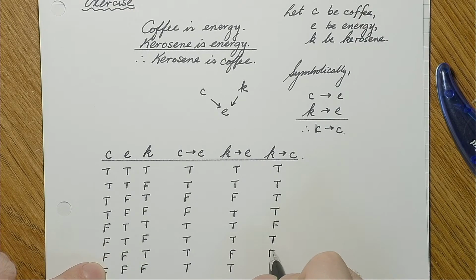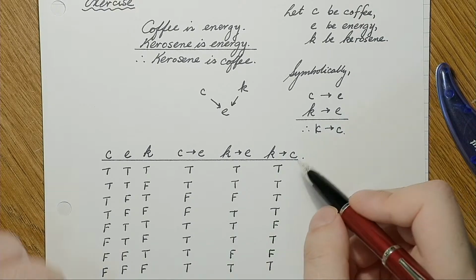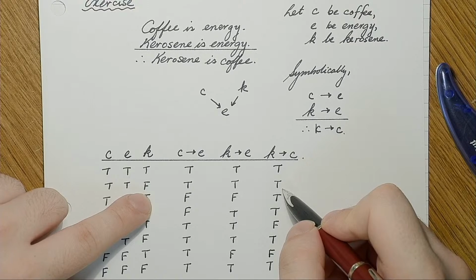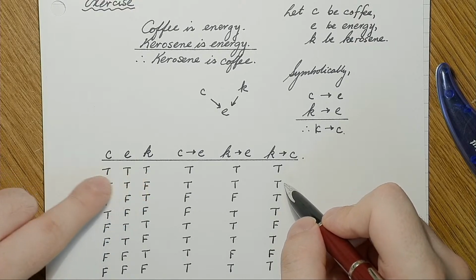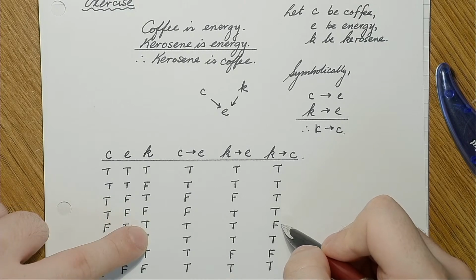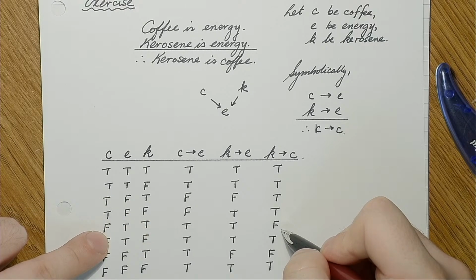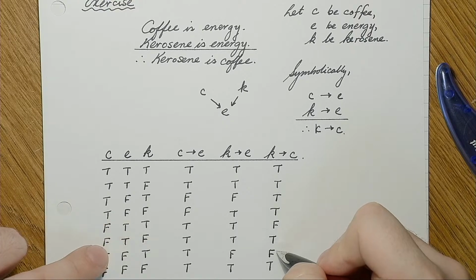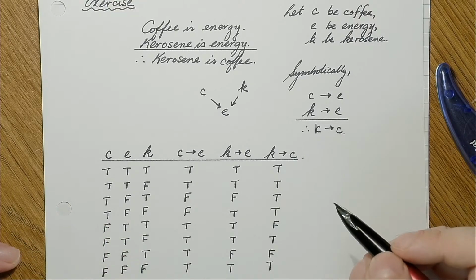So let me just double check this again. So from K to C. Okay.